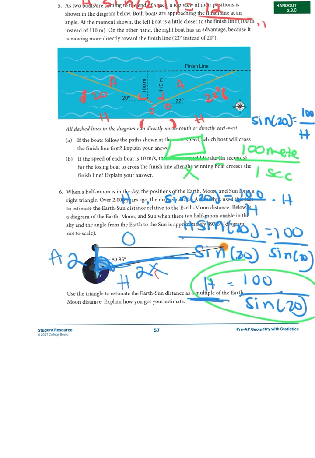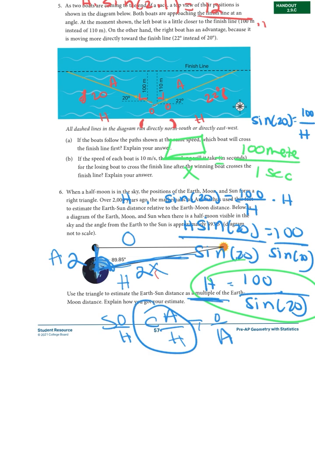So then I'm trying to find the earth to moon and the earth to sun. So I'm trying to find A and H. So that means that if I have SOHCAHTOA, I'm going to be using this one right here.